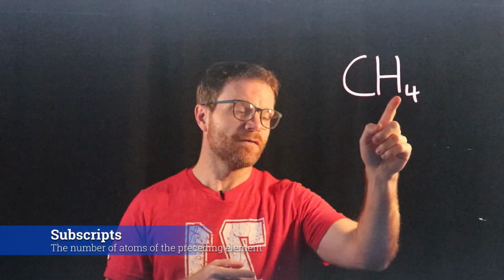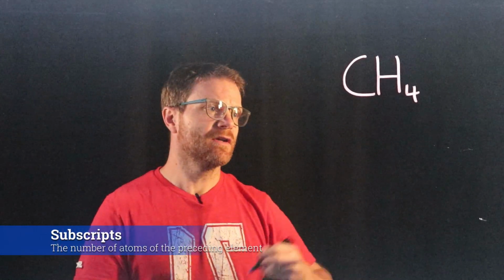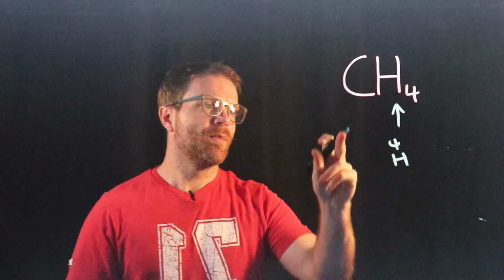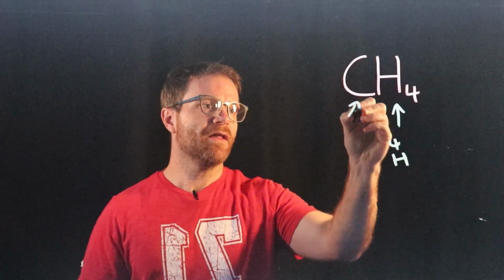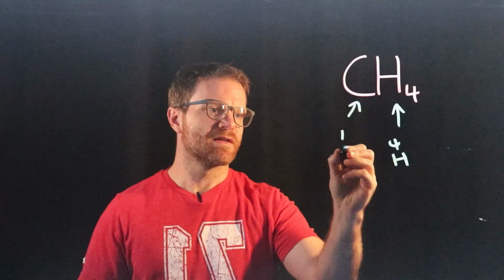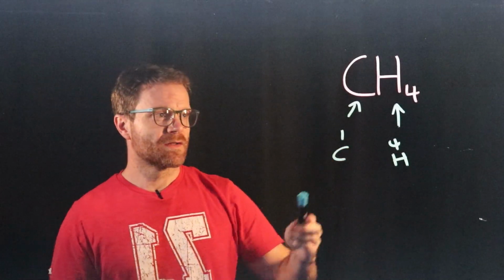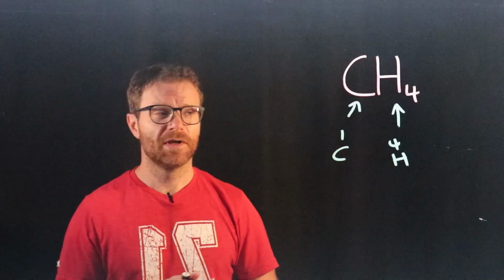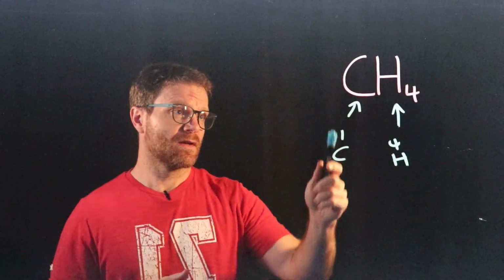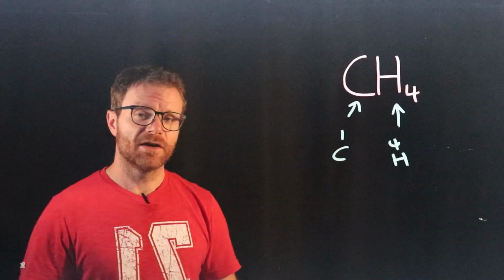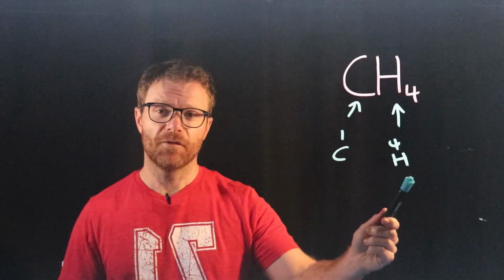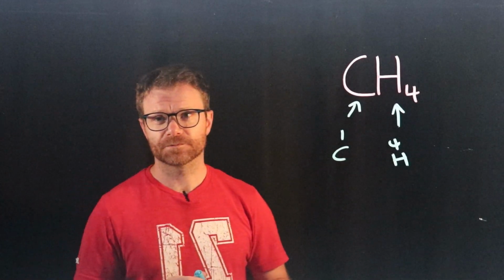Because there's a little 4 after this hydrogen, it's telling us there are 4 hydrogens. And because there's nothing after this carbon, it's telling us that it's made of 1 carbon. So this is a chemical compound made of 1 carbon and 4 hydrogens. It's 2 elements, carbon and hydrogen, and a total of 5 atoms, 1 carbon atom and 4 hydrogen atoms.